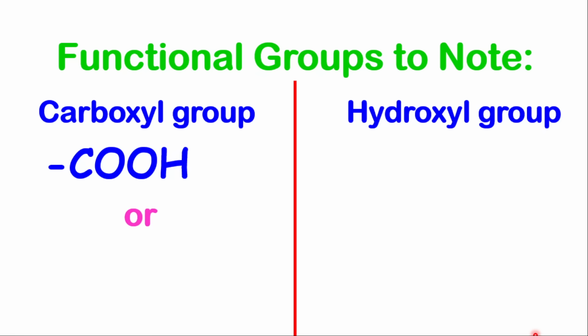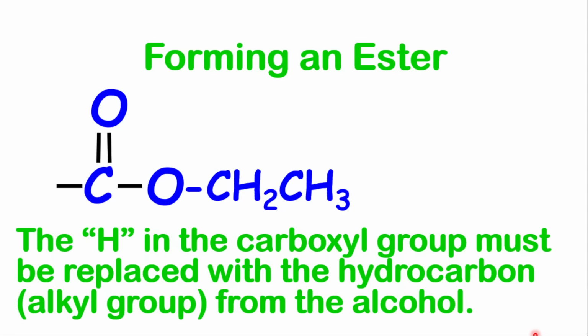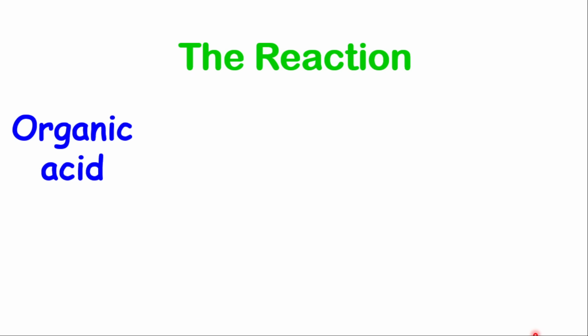All right, so when you put them together, notice the H from the carboxyl group, when you remove that and add on something to it, it becomes an ester. So that's how an ester will look. That's the ester group. If you see a C double bond O, O and a dash, it means an ester group. All right, so that's the ester homologous series.